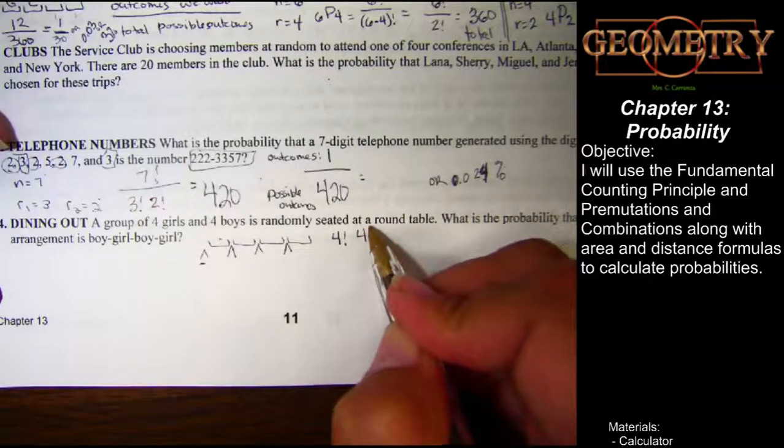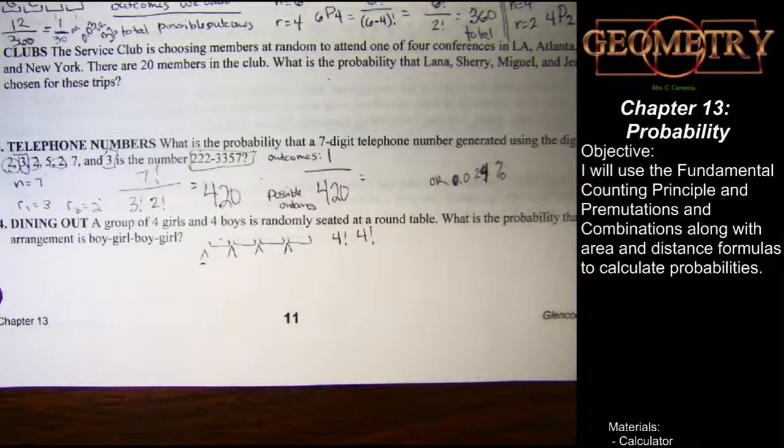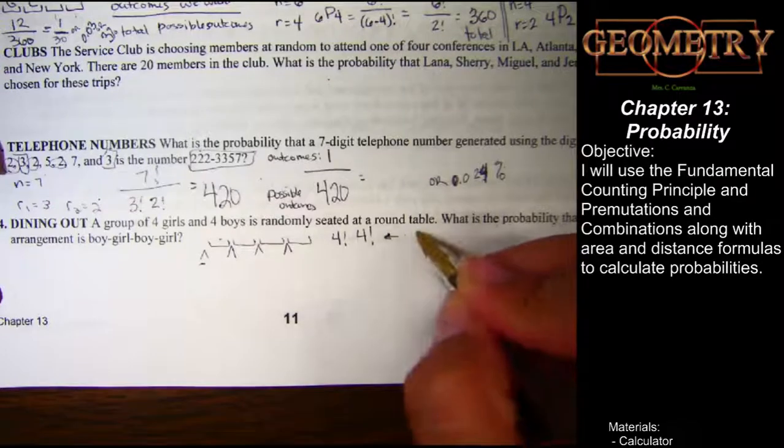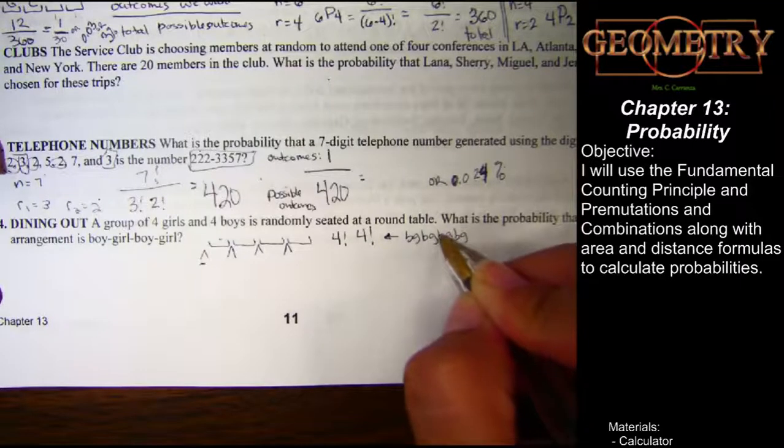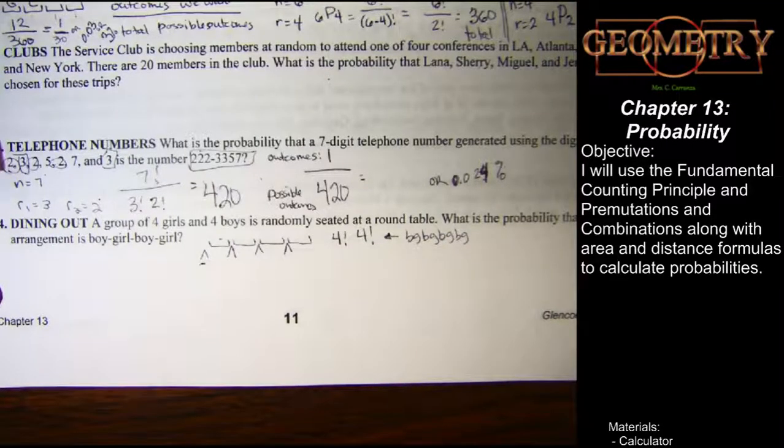Again, the boys have 4 factorial different ways of taking the seat. So this is the total number of ways we can get it to be boy, girl, boy, girl, boy, girl, boy, girl. Because we don't care who's sitting next to who, right? We just want them to alternate boy, girl, boy, girl.